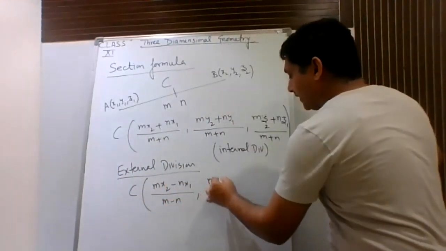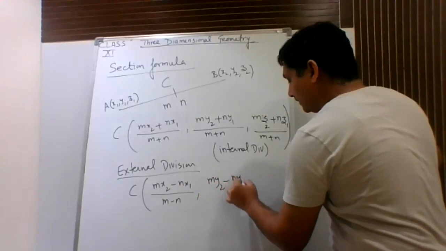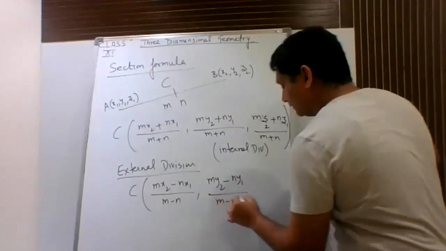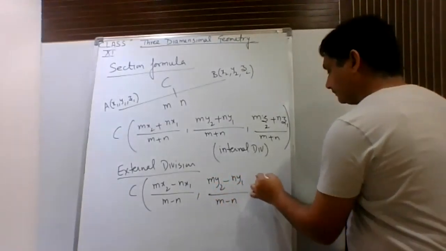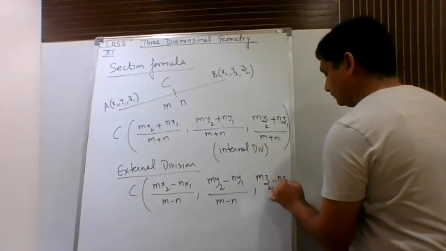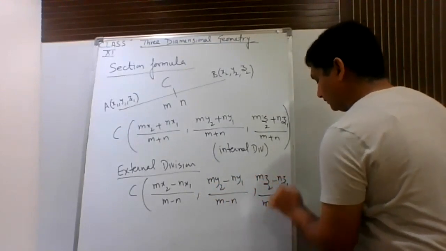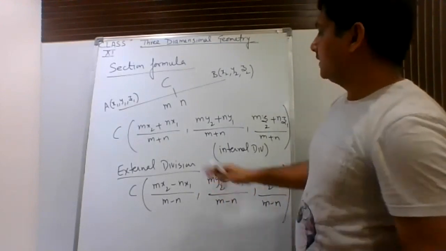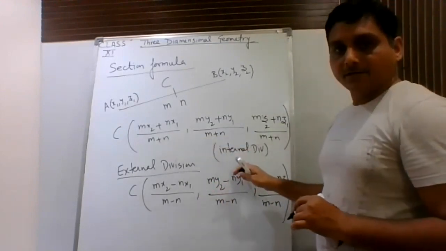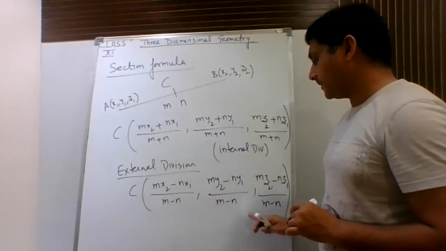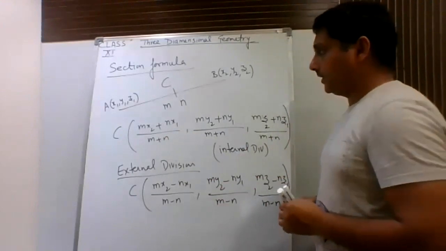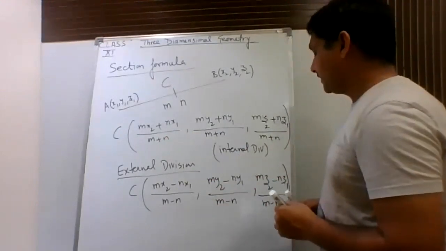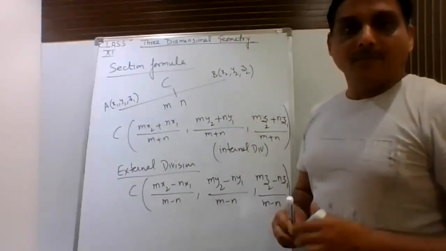Similarly, we will write for y and z also. So this is the section formula for internal division, and this is the section formula for external division. Okay, now after this, we will see the midpoint formula.